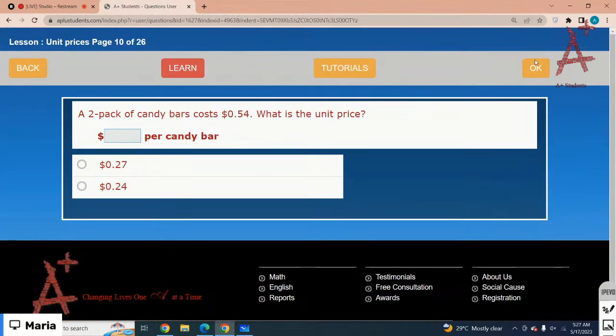Okay, the next one is a 2-pack of candy bars costing $0.54. What is the unit price? You have to divide 0.54 by 2. So it would be $0.27.